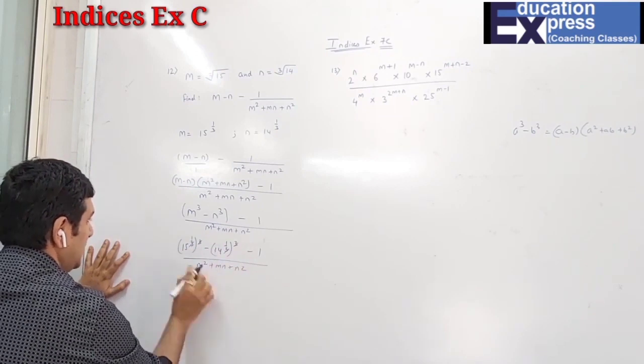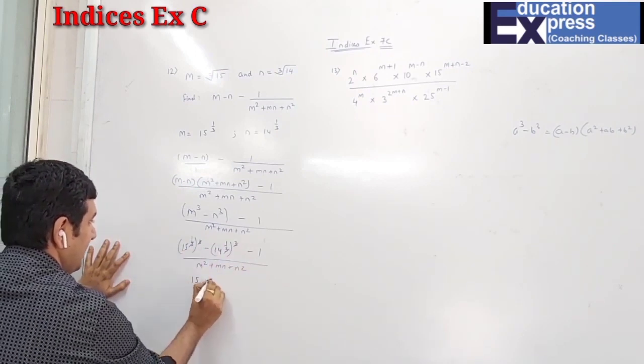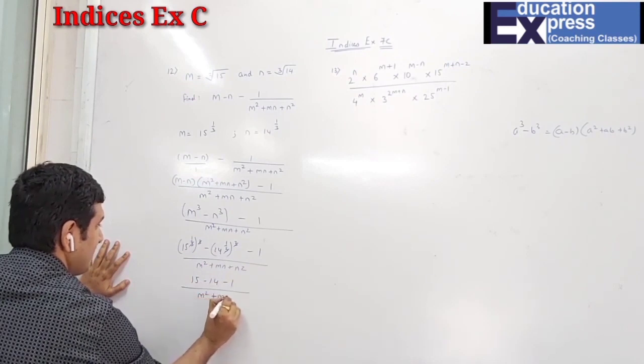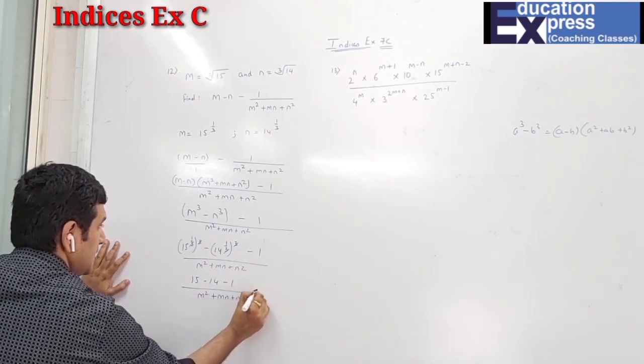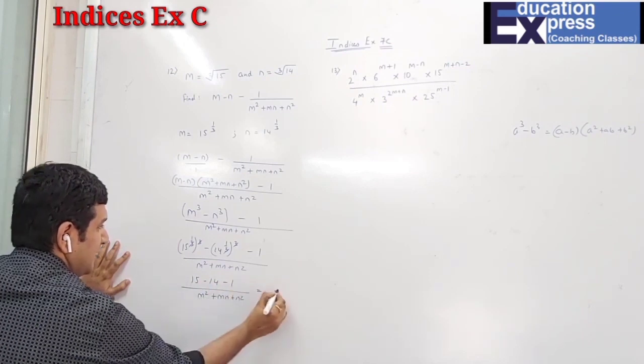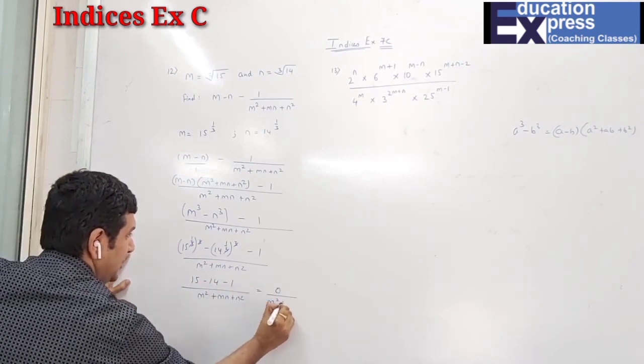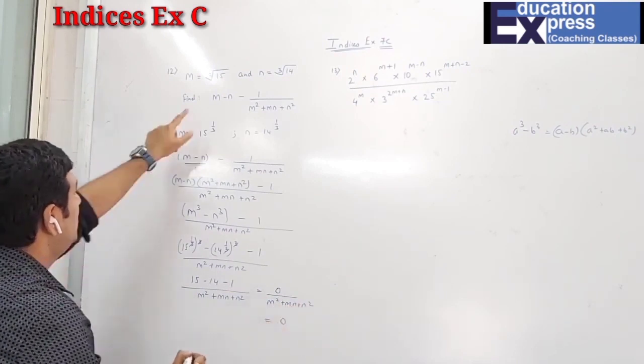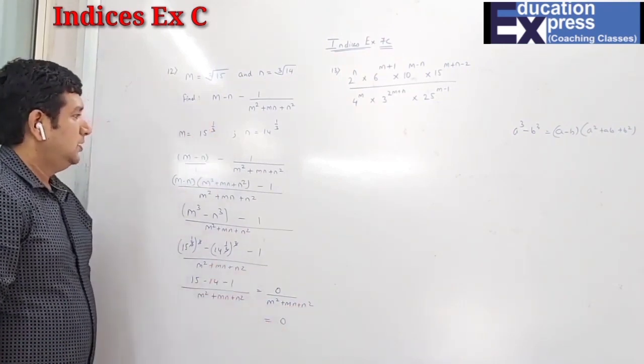So 15 minus 14 minus 1. So students, 15 minus 15 is now 0, and 0 upon anything is also 0. Hence the value for the entire thing is 0.